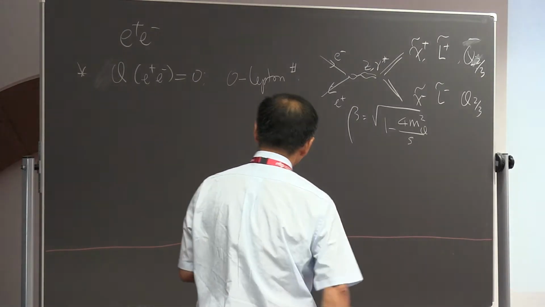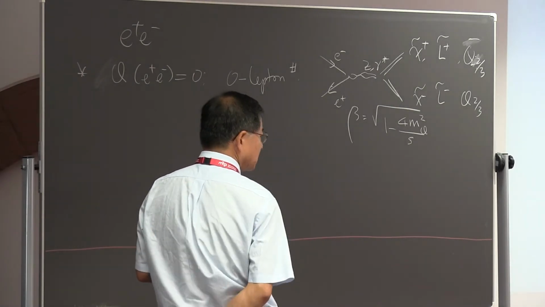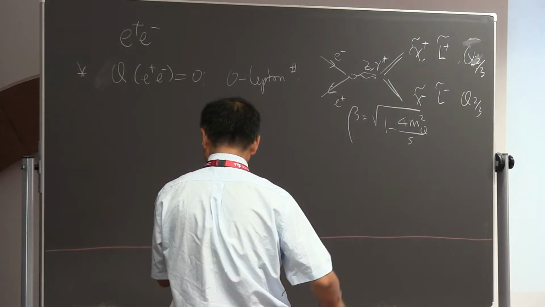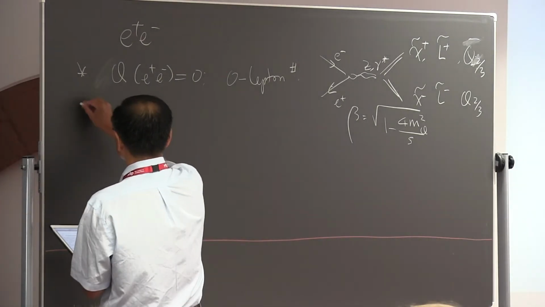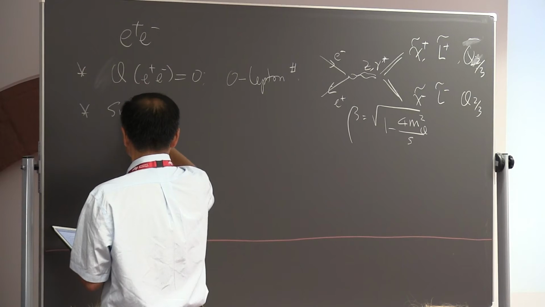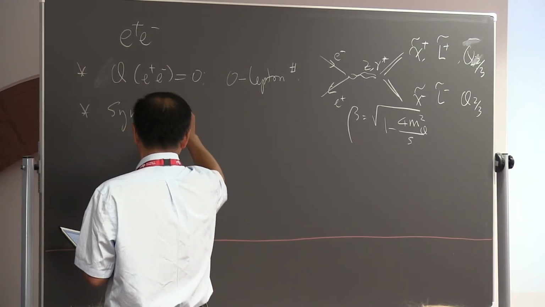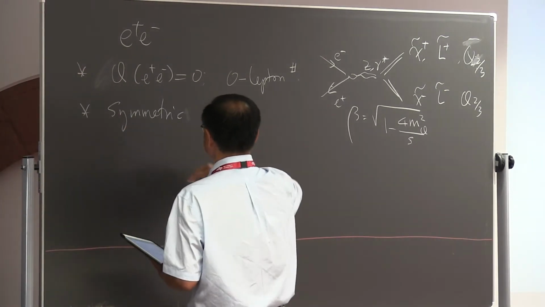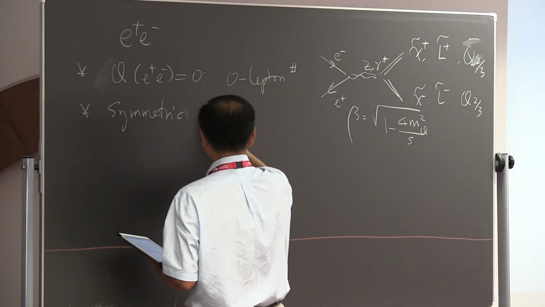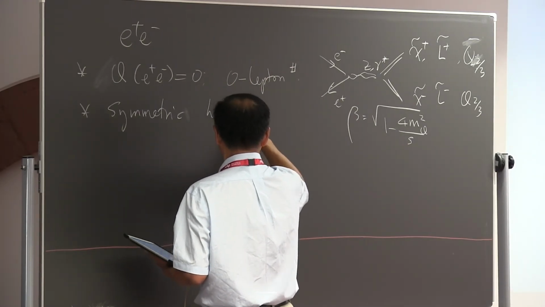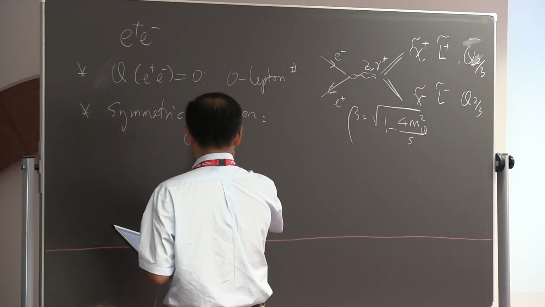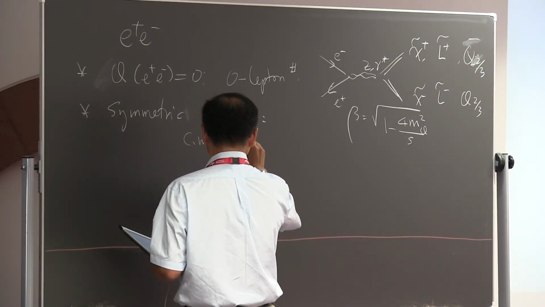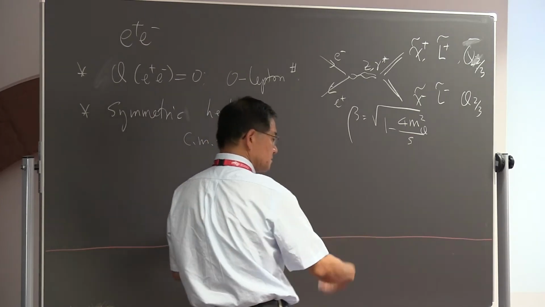Second thing is that we usually do a symmetric head-on collision, beam on beam. So with this symmetric head-on beam collision, therefore, the center of mass frame is at rest.